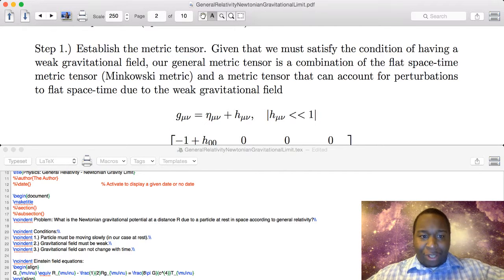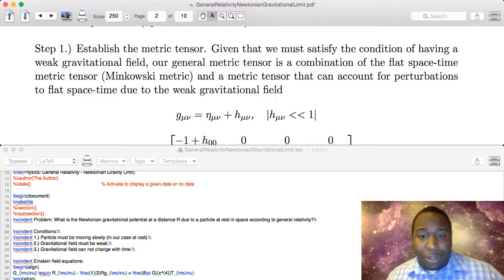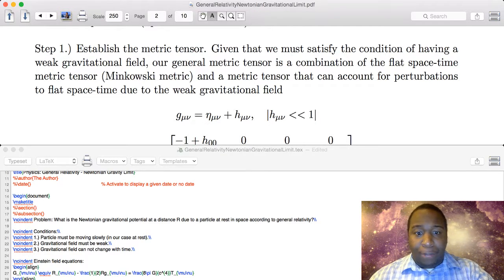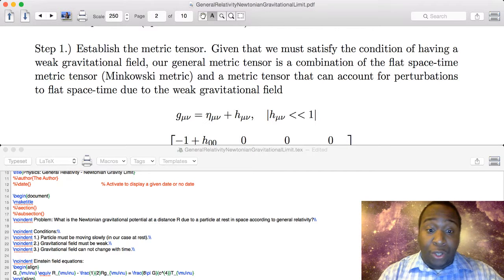With this flat sheet, that can be defined by some metric or metric space. In this situation, the best way to define the distance between two points on that space is to use what's known as a Minkowski metric, which would be represented by this term eta sub mu nu.